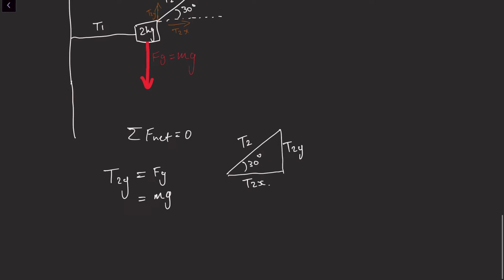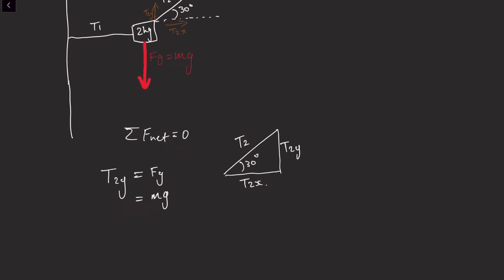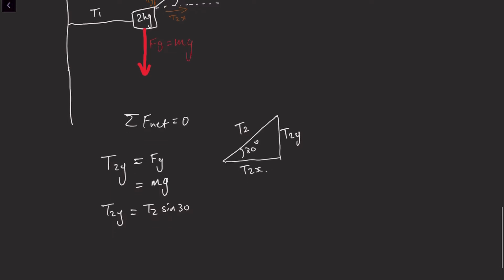And also, if we look at the triangle, we have another relationship for what T2y is. T2y, if we use trigonometry in that triangle, is equal to T2 sine of 30, because it's the opposite side over the hypotenuse. So we have sine of 30. Gives you the relationship between T2 and T2y. So now we have two equations.